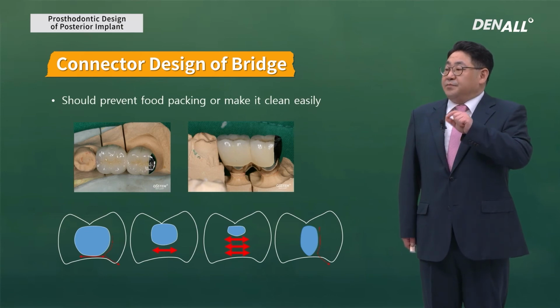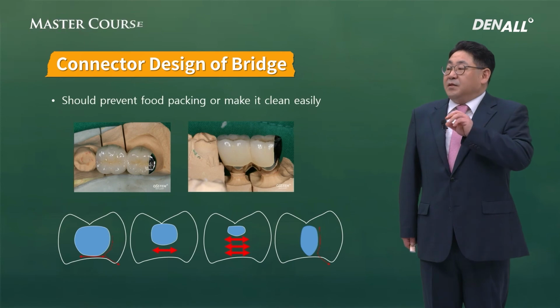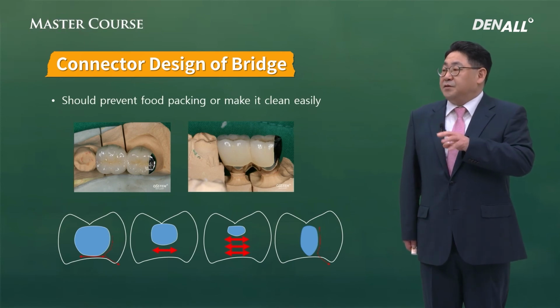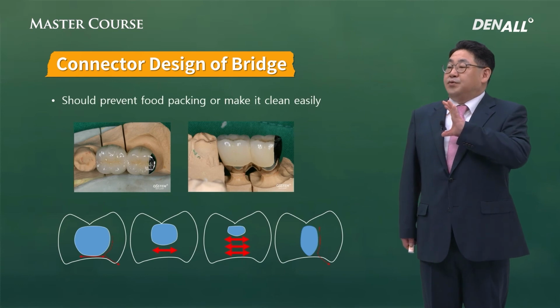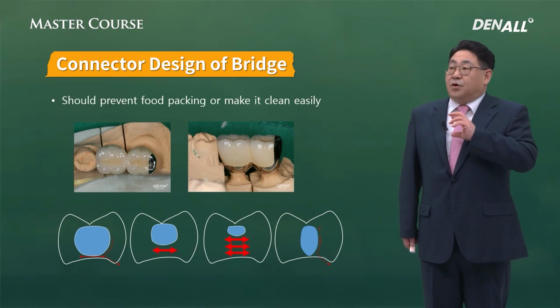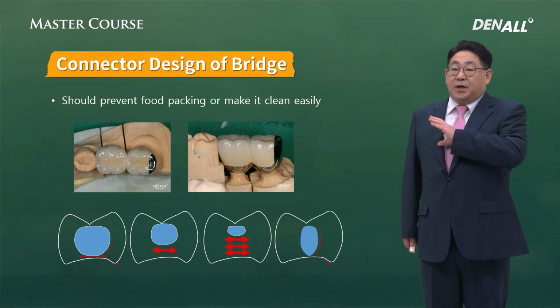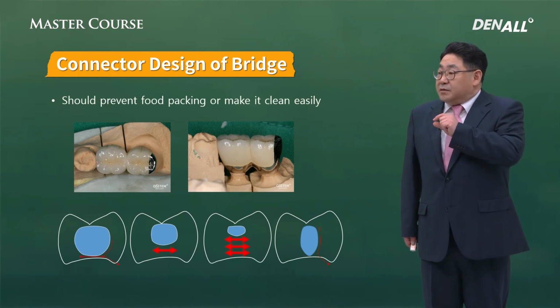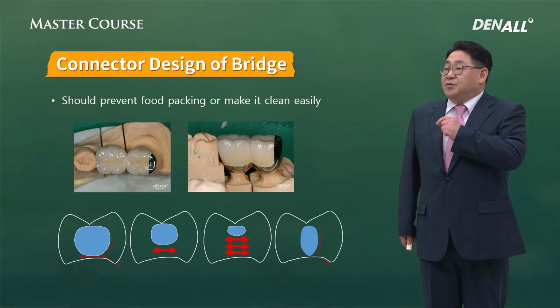The second, the interdental zone is shaped like a tunnel, which is long and has sufficient height. Third is like a very tall tunnel. And the last is short and small tunnel.